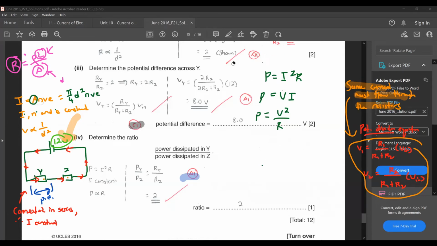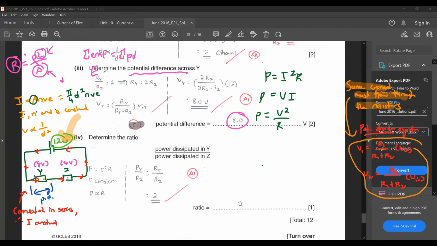You will somehow go back a bit to your DC circuit chapter again. If you recall just now, you found out the PD across Y, which is 8 volts. So the PD across that would eventually be equivalent to 4 volts. This one you will learn under DC circuits Kirchhoff's second law, which tells you that the sum of EMF equals the sum of PD.